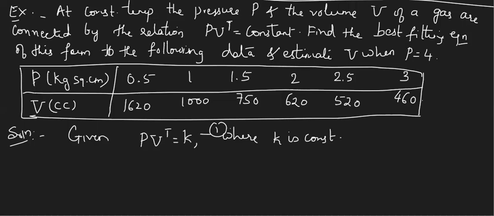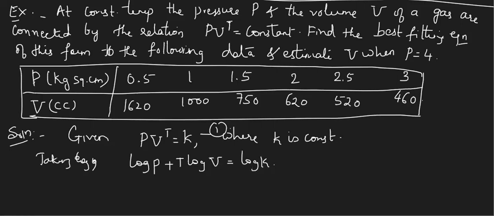How we used to take A and B, no? Instead of that, it is T and K. So what you do? Just apply log. If you apply log, tell me the simplification. Log P plus T log V is equal to log K. Okay.